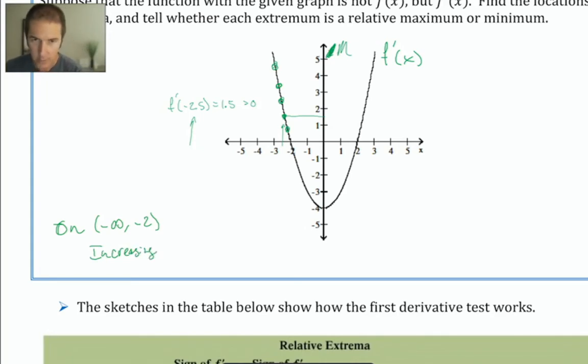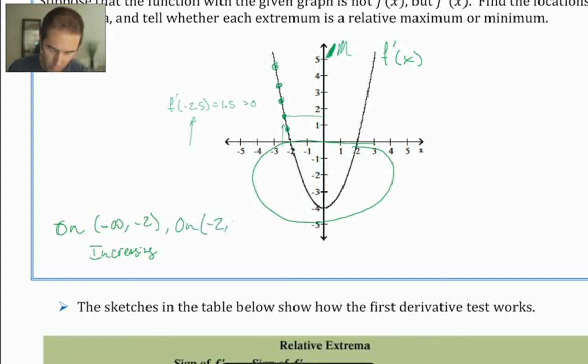And then if you look at the graph again, where this graph is below the x-axis, all of those y coordinates or m coordinates are negative. That means that on -2 to 2, our original function, which is not graphed here, is decreasing.